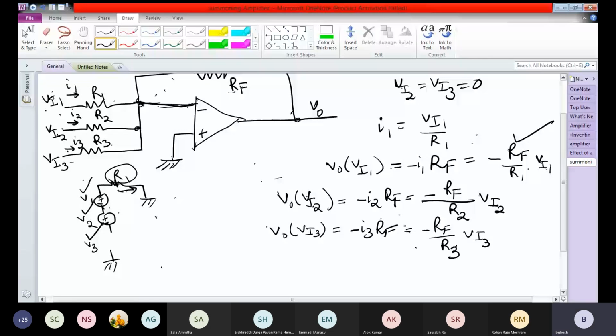So the total V0 becomes minus Rf by R1 into Vi1, minus Rf by R2 into Vi2, minus Rf by R3 into Vi3.